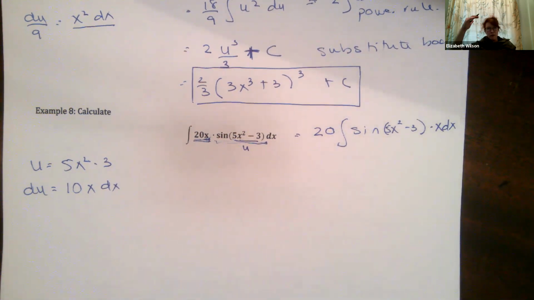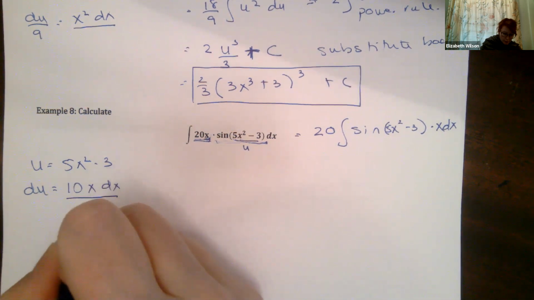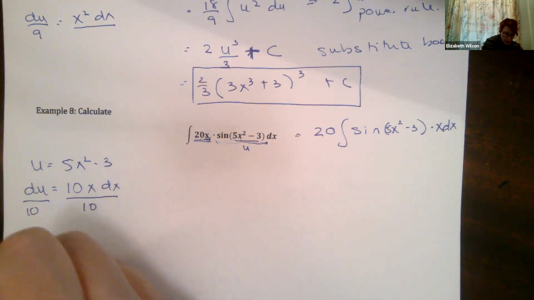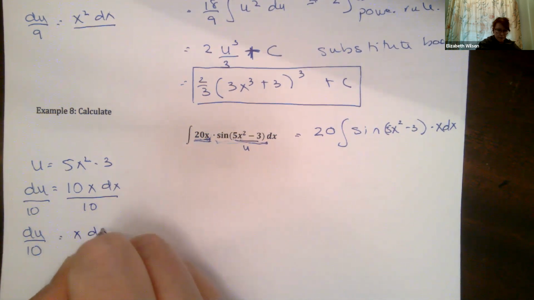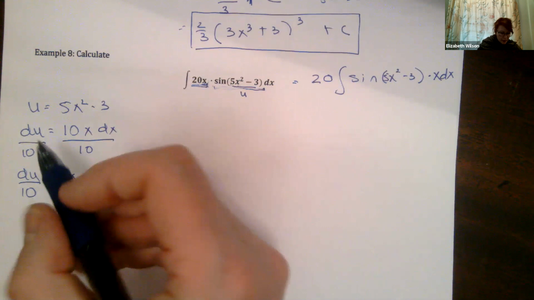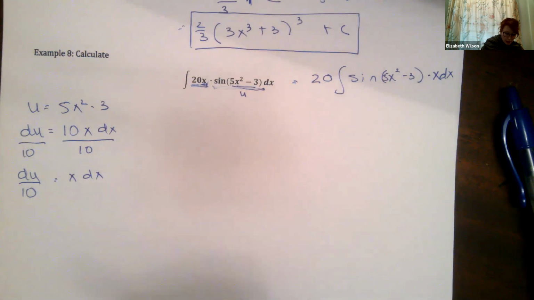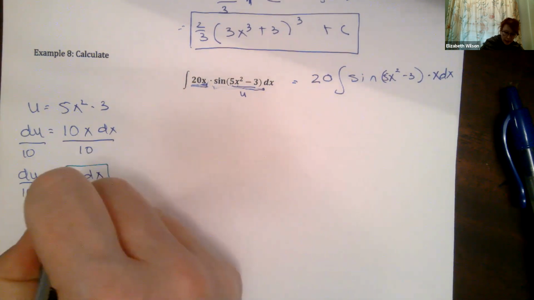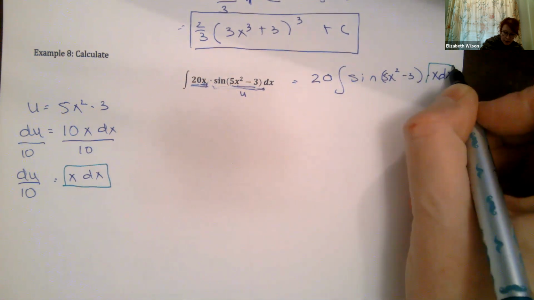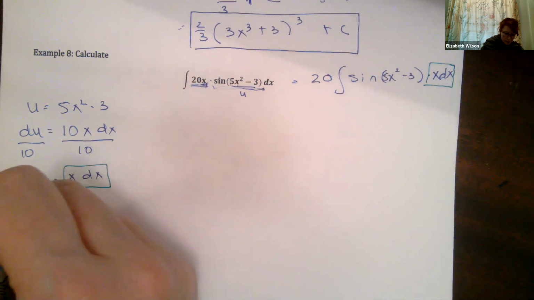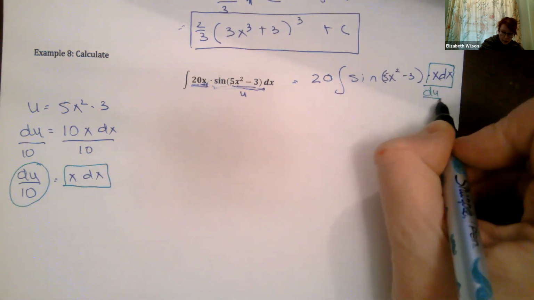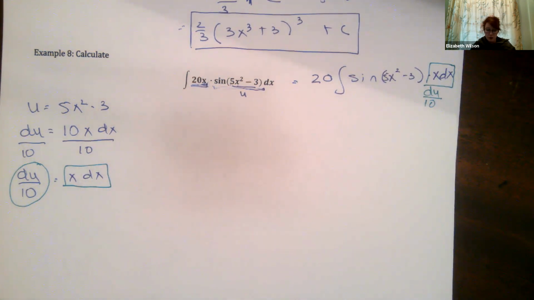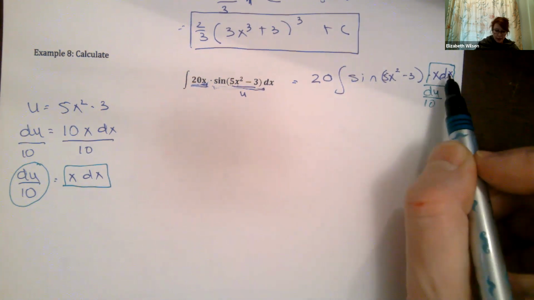Now I'm going to divide by 10 here, so I get du over 10 equals x dx. So I'm going to take this block, x dx, and substitute du over 10, which is 1/10 times du, in for x dx.